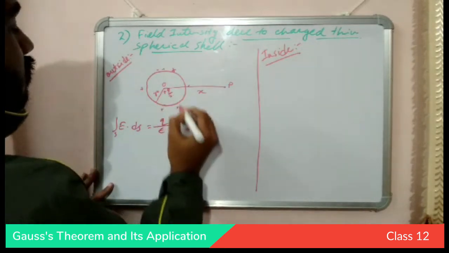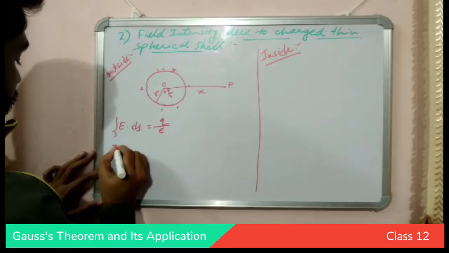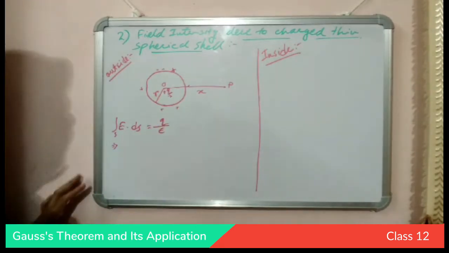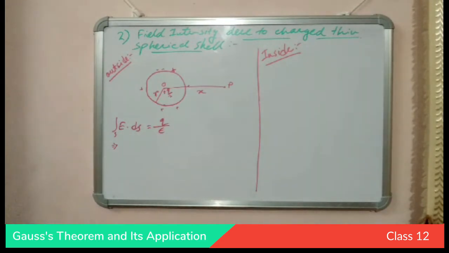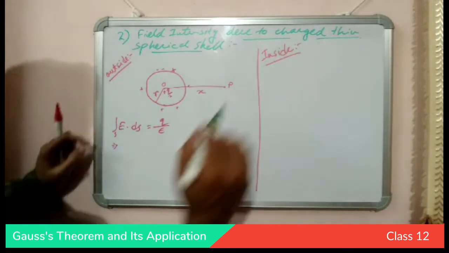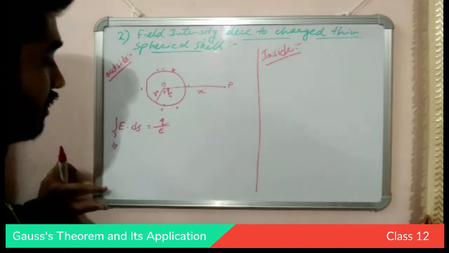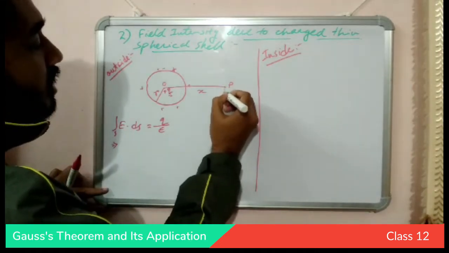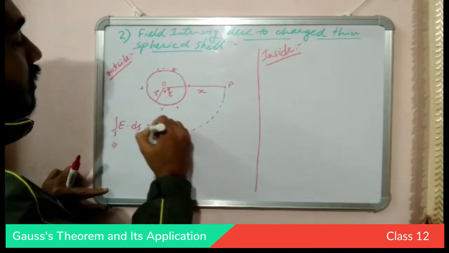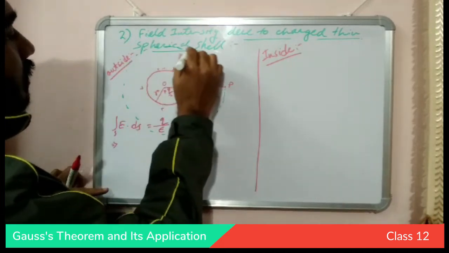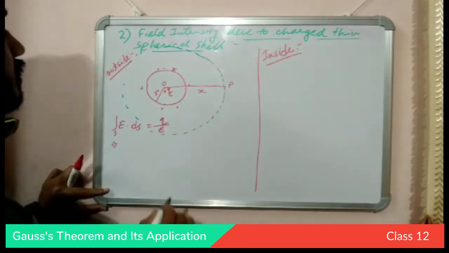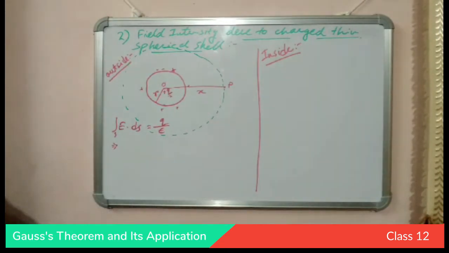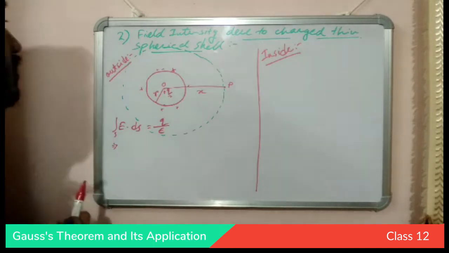Our charge is q, and here is the main trick, that is we have to consider our Gaussian surface like this. I will use a different color here for your convenience.